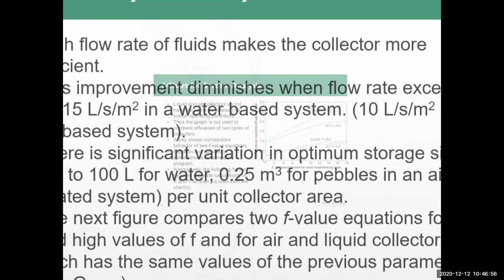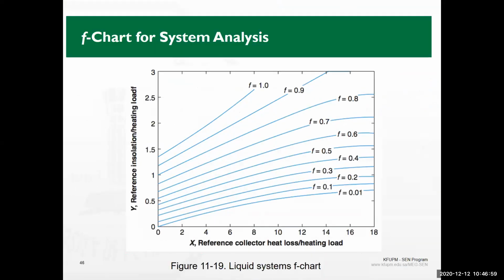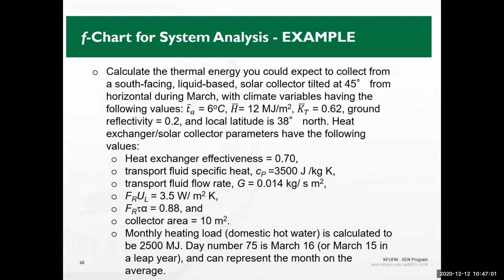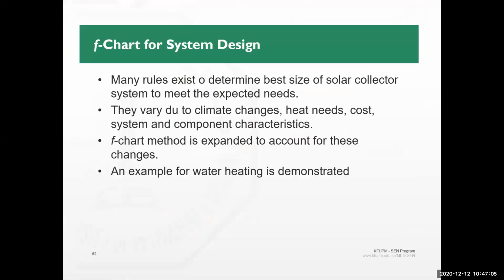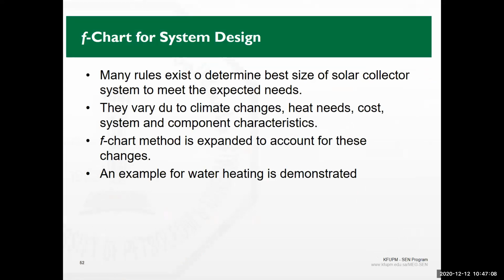Now, when you are talking about the system design, going back to the continuation of the example that we started here, what we are looking for is the best size of solar collectors to meet the expectations. And this would vary, another typo that we have here, due to the climate changes, heat needs, cost of the system, and the component characteristics.